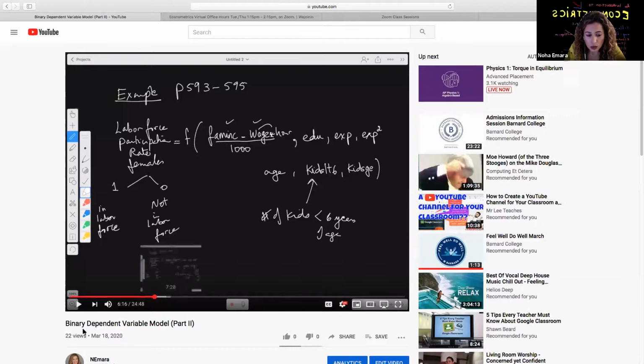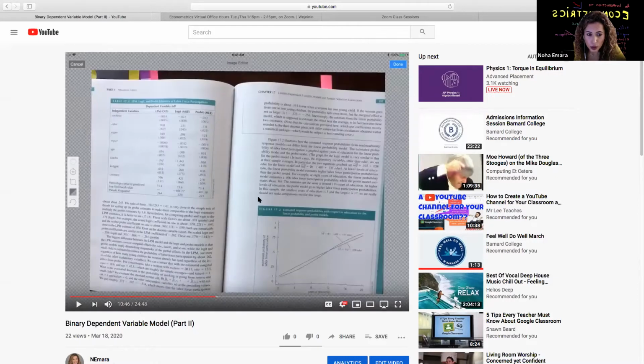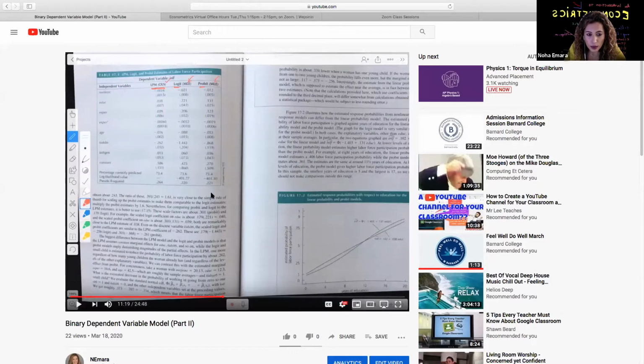This video is very important because it will show you the expanded version. I'm showing you a picture from the textbook, the page numbers I just mentioned, and I'm comparing the probit, the logit, and the linear probability model. And I'm letting you know, and this is very important, that we can never look at these coefficients and say anything about these variables.